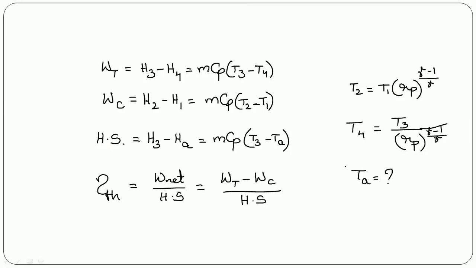So as TA is required, we need to know about a small concept that is related to heat exchanger efficiency. So the efficiency of the heat exchanger, or efficiency of the regenerator that we are using here.